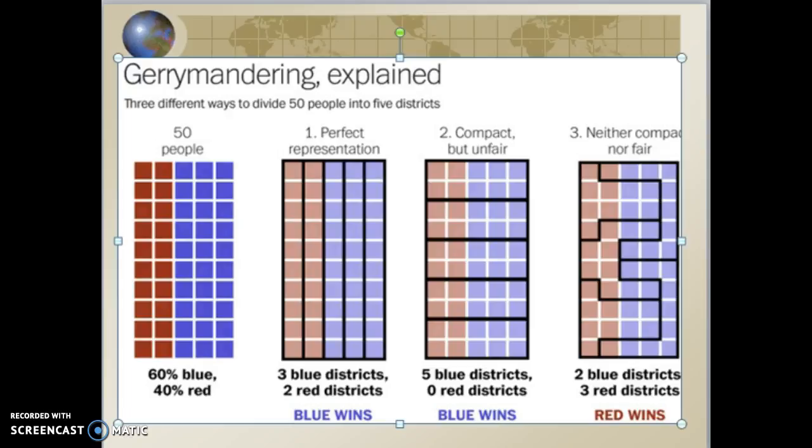In that case, 5 blue districts are created and red doesn't win anything or even have their voice heard. But then you could spin it a third way, with all those squiggly lines, it's not really fair or compact. In this case, you have the blue districts by 2 and the red party wins. So just by simply redrawing district lines, that can affect the outcome.